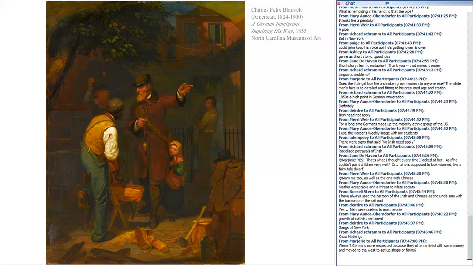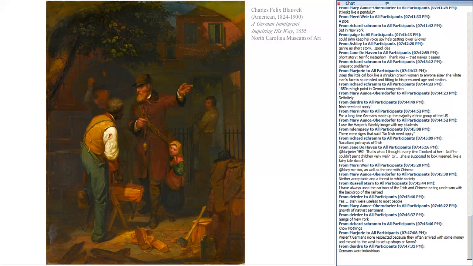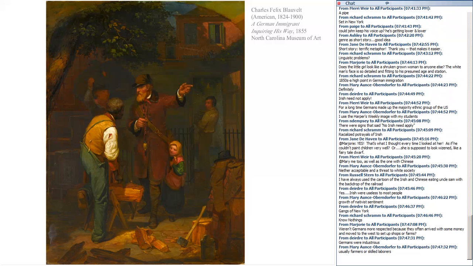But if you can spool your brain back to 1855, and you're going to see the National Academy's exhibition, and you see this painting, and the title is "A German Immigrant Inquiring His Way." And just outside the windows of the National Academy are camps of Germans trying to get from one place to another.